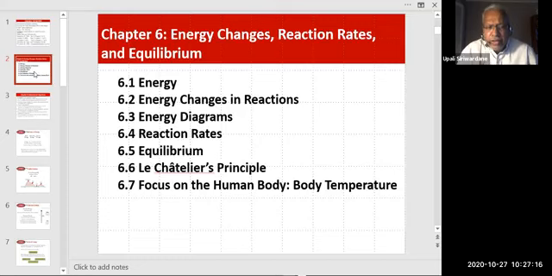So we need to know how to change this equilibrium to get what we want. The changes that we can make are based on Le Chatelier's principle that we're going to look into. So we will use the equilibrium principles to know how the body temperature is maintained in humans.